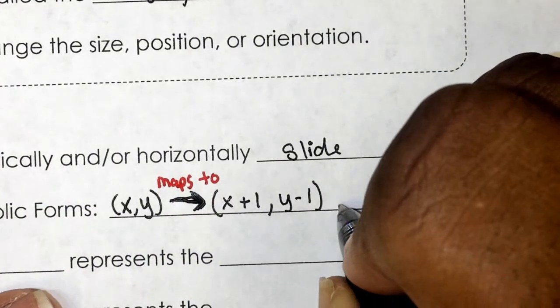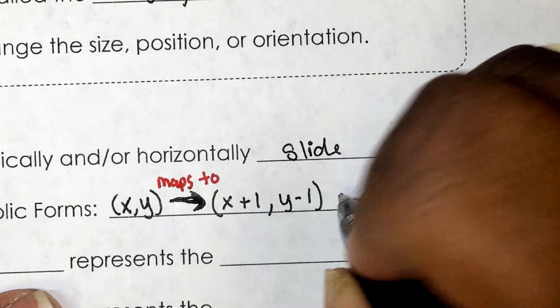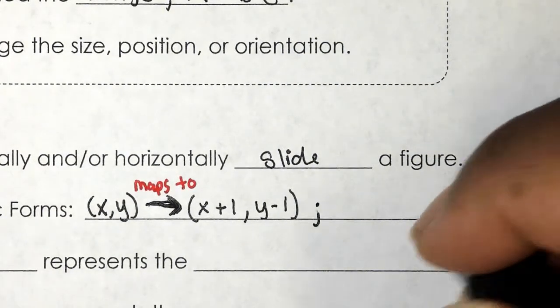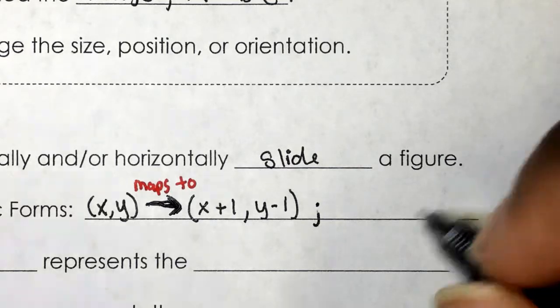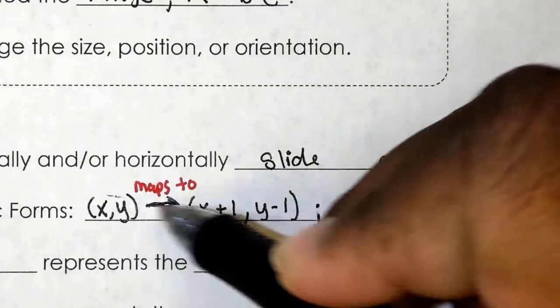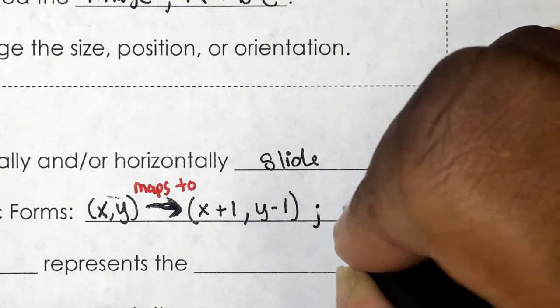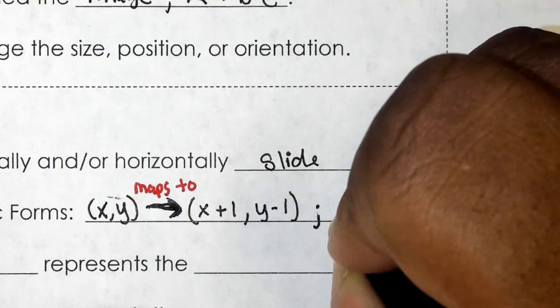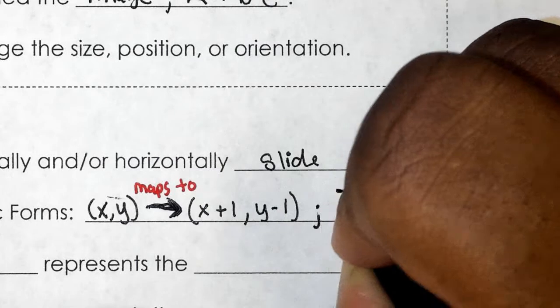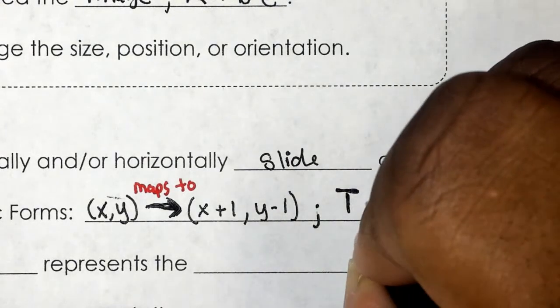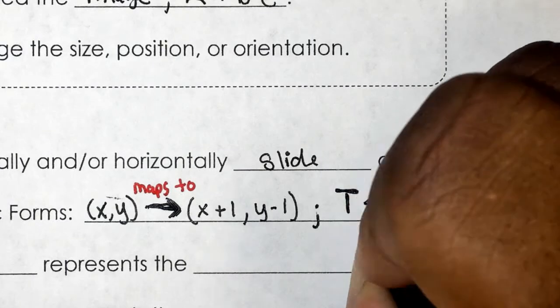Alright. The other way you'll see it written is called vector notation. It's a much simpler form, but we don't ever use this when we write stuff out. I always make y'all write stuff out using the mapping rule. But you'll see it written like this if they ask you to do a transformation sometimes. Vector notation will be a capital T for translation, and then they'll have a vector sign instead of parentheses.